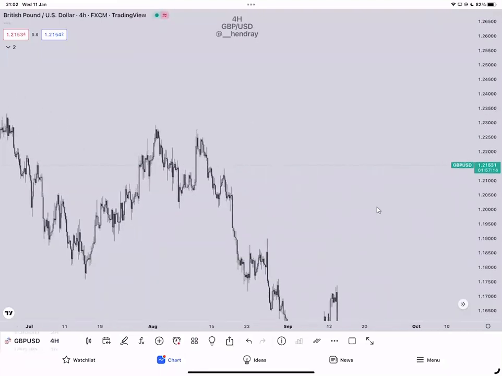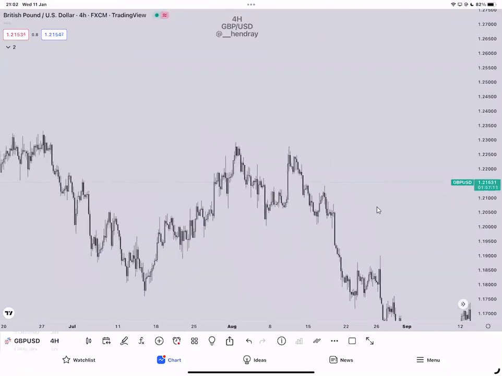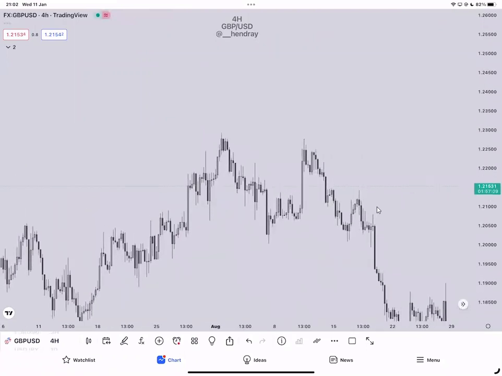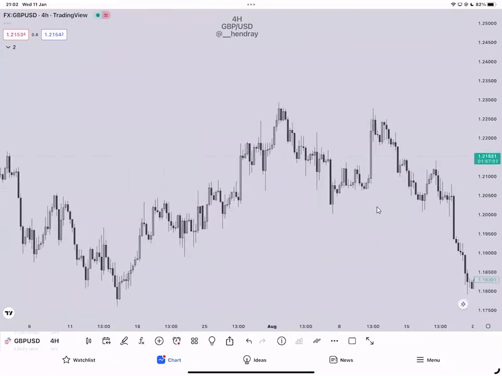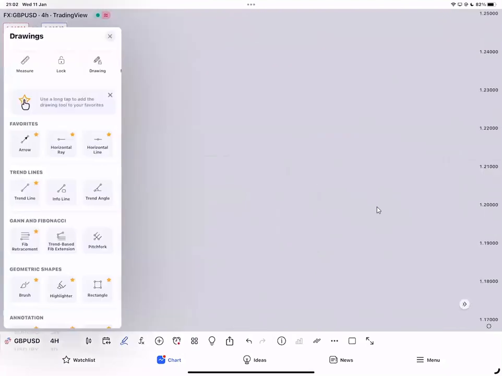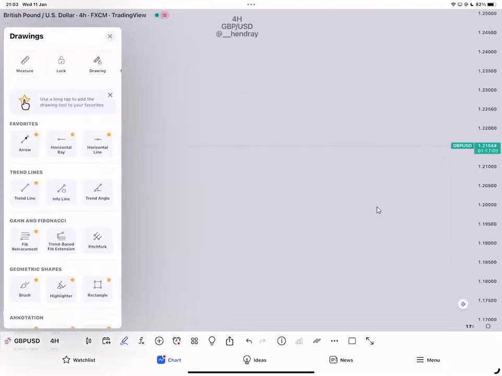Yeah. So I was trying to talk about this area here, this mini trend here, this mini trend here. Okay. So this guy, oh God, what is happening now?